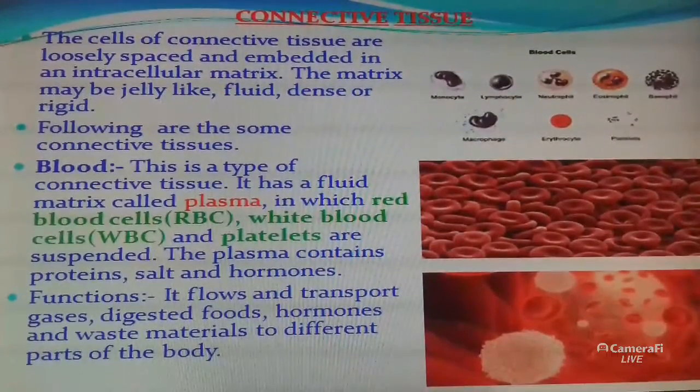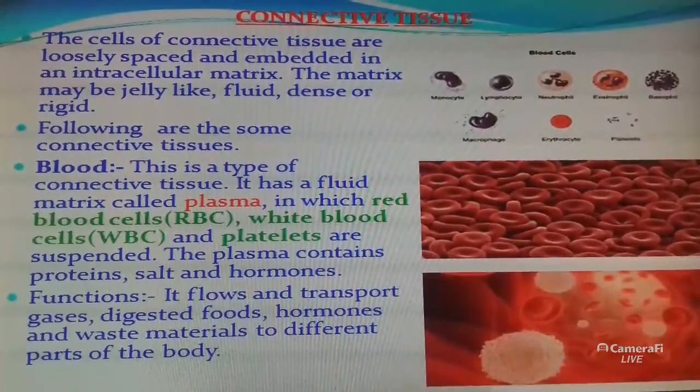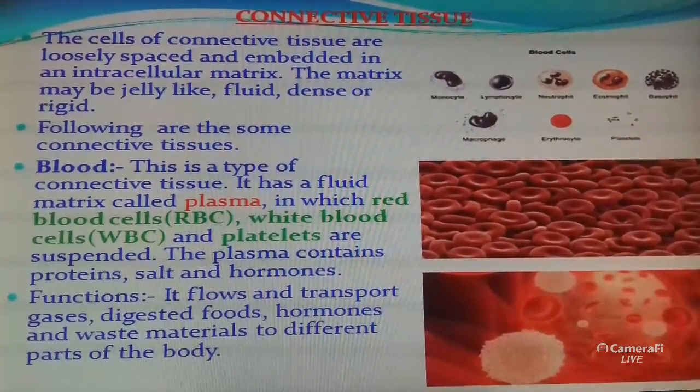It helps in transportation of nutrients, waste, gases, meaning oxygen and carbon dioxide, and also hormones.